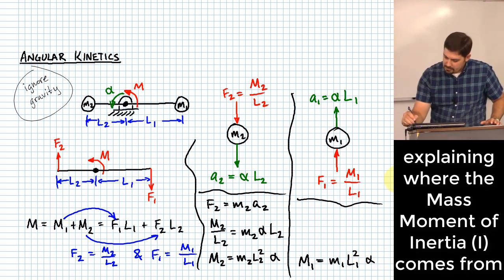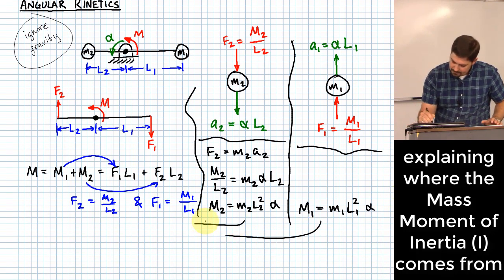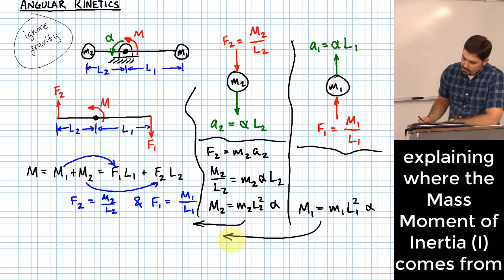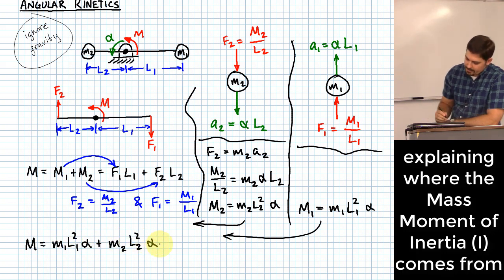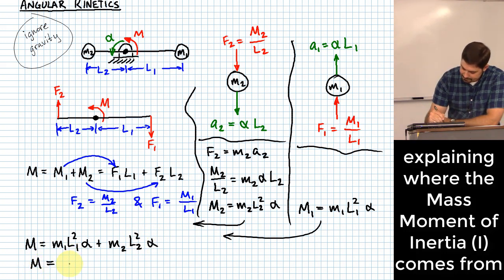Well, now let's actually use those pieces back with our original thing and say that M is equal to m1 L1 squared alpha plus m2 L2 squared alpha. We can factor out the alpha, and we can say that M is going to be equal to m1 L1 squared plus m2 L2 squared, all this times alpha.